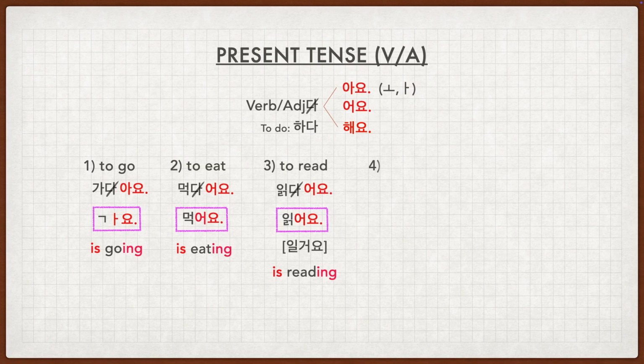Number four, to wait, 기다리다. Also, drop the 다. And when we look at the character right in front of 다, 리, also it doesn't have o or a. So we can take 어요.